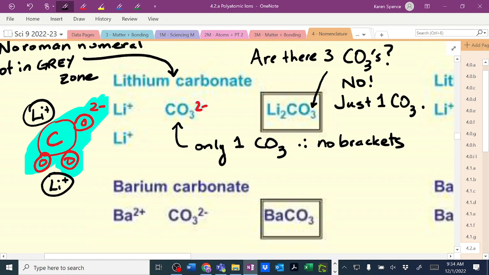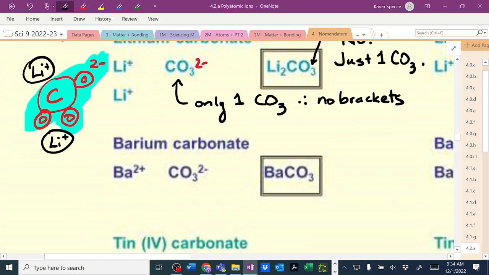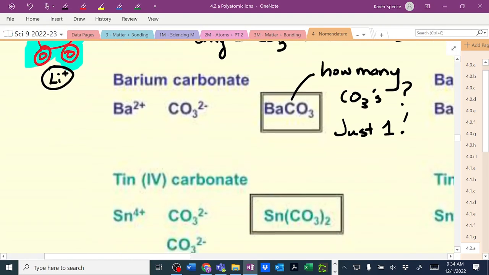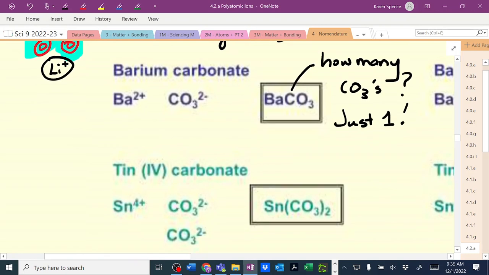Similarly with barium bicarbonate, how many carbonates are there? Just 1. And then tin, if you look on your periodic table, let's go back there, tin.